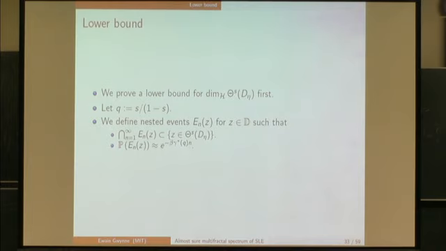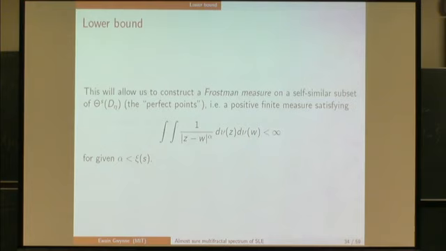We can get an estimate for the probability of E_n of z for each integer n, and most importantly, we have this estimate on the correlation between E_n of z and E_n of w in terms of the distance between z and w. So once we have these events, we can define a measure, which is called a Frostman measure, on a kind of carefully chosen subset of Theta_s of D_eta, which is in some sense self-similar. And this set is called the perfect points.